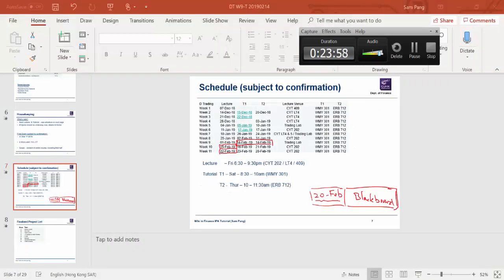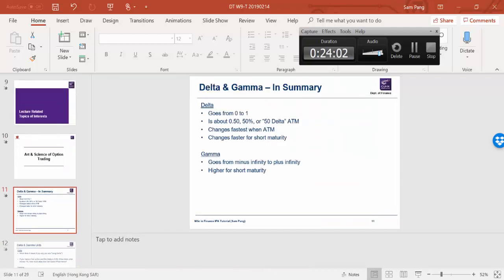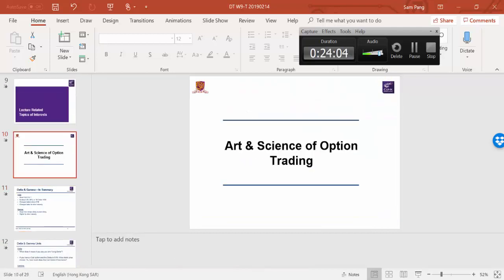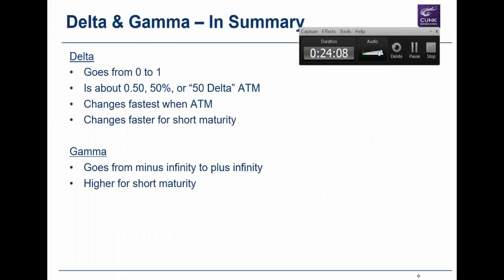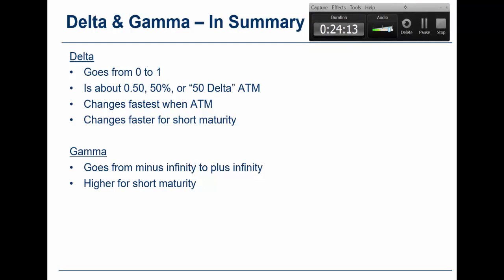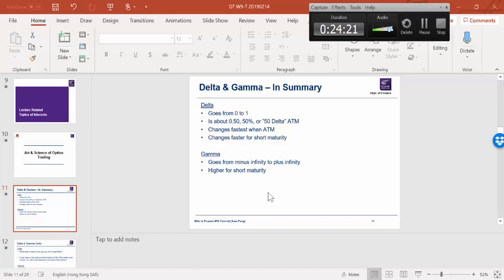Now, what I want to do today is to pick up from where we left off last time regarding some of the Greeks that you see in option trading. And as you recall, we spoke about delta going from 0 to 1.